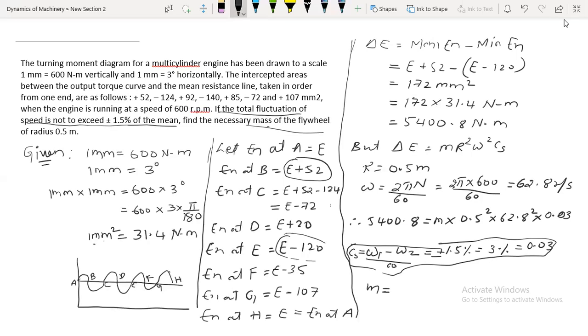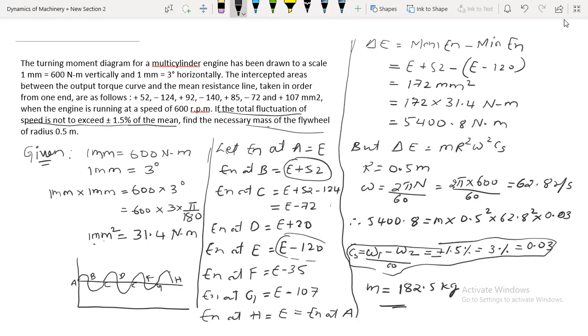So the mass of the flywheel will be approximately 182.5 kgs. It will be 182.5 kgs.